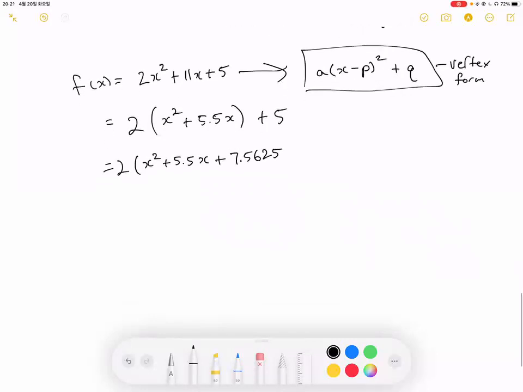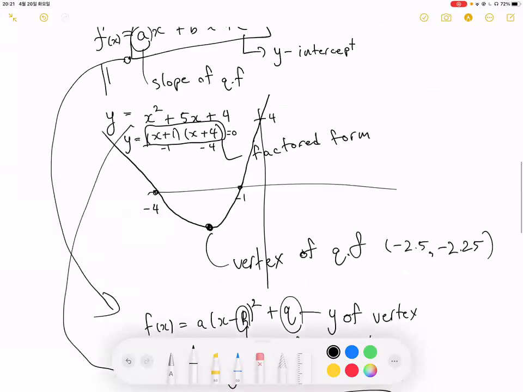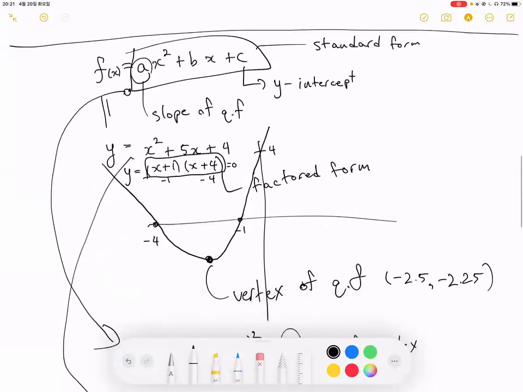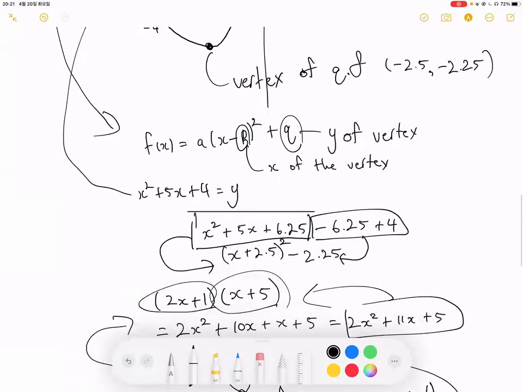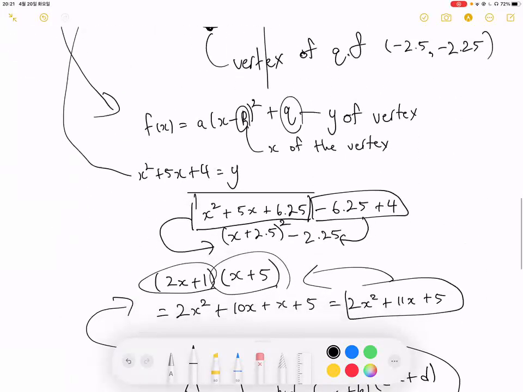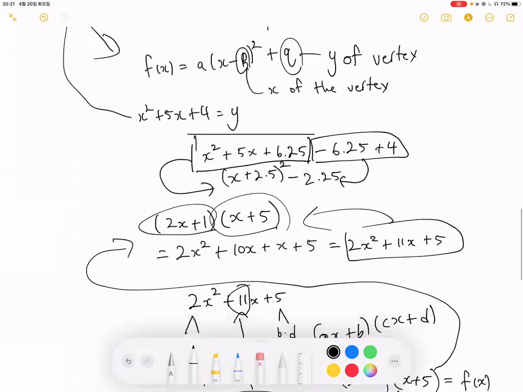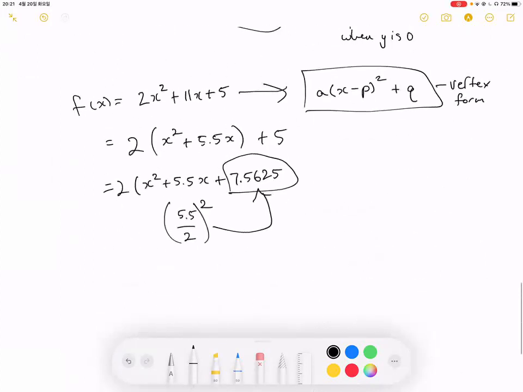So just to remind how I got this number, basically I divided 5.5 by 2, and the square of that. We got this. Also, in my beginning explanation, I should have also mentioned that. Where was I? Yeah, so 5, divide this by 2. So 5 divided by 2, square that, you get 2.25. Okay. So I know this is very complicated.